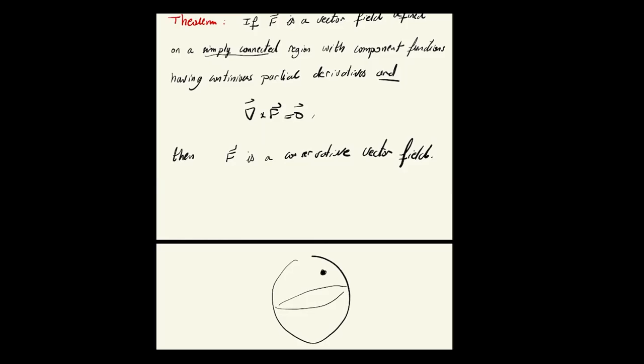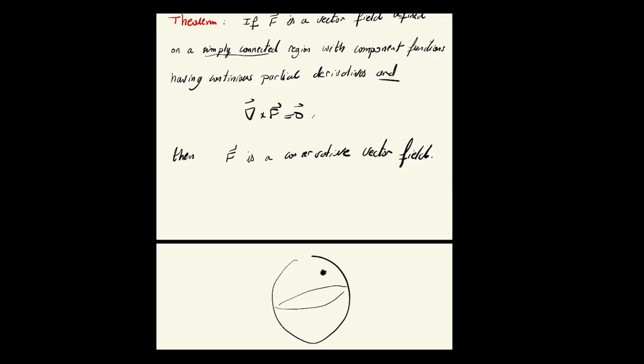So if this is the region D, the region where the vector field is defined, and then you just remove this ball, it's really defined between this little sphere and the larger sphere. So you're not going to be simply connected because there's this hole here.